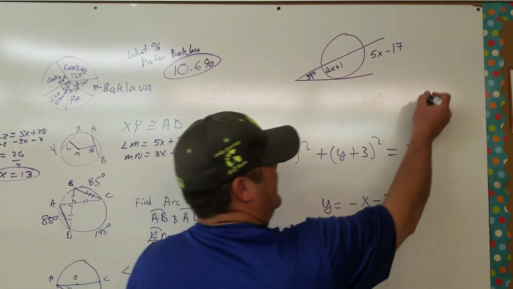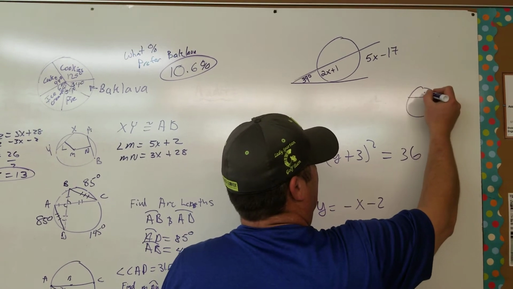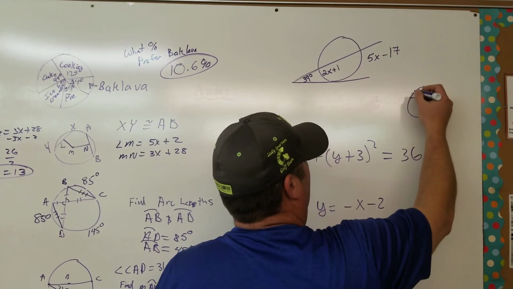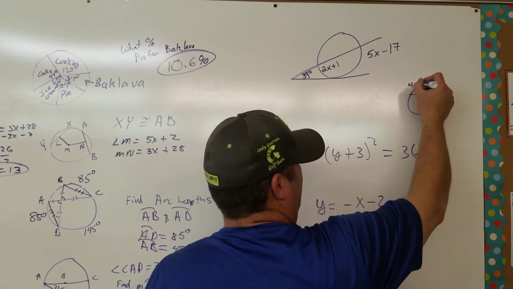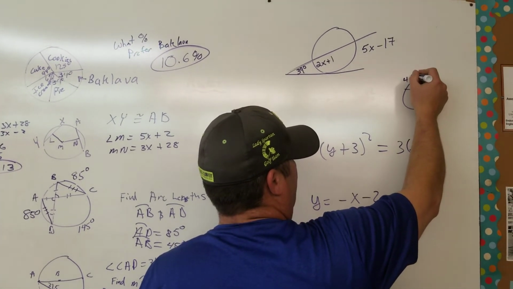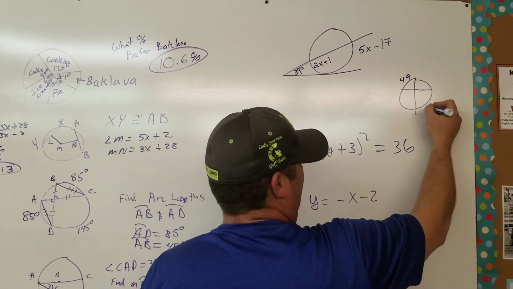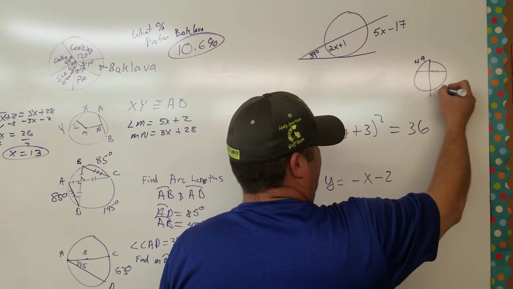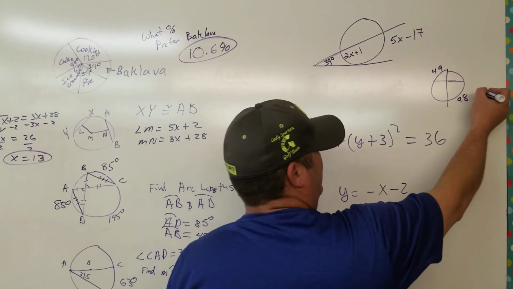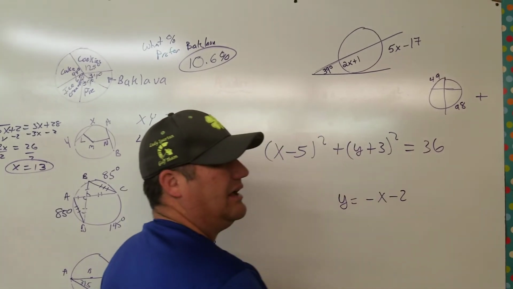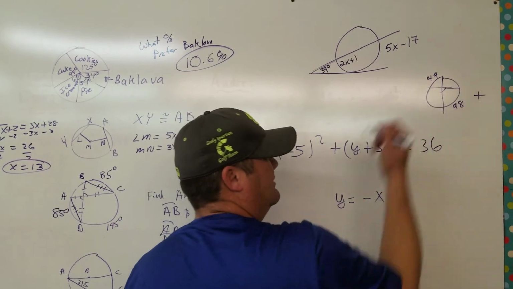If it was on the inside, okay, where you had arc, say this was 43 or 49, let's say that, and this was like 98, you'd have to add these and divide by 2. So here we would add and divide by 2 to get this angle.